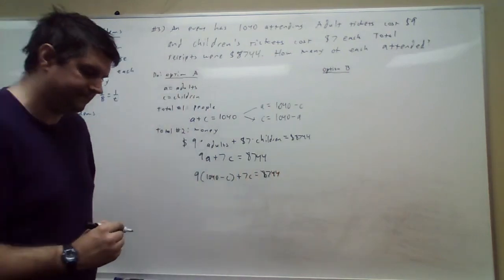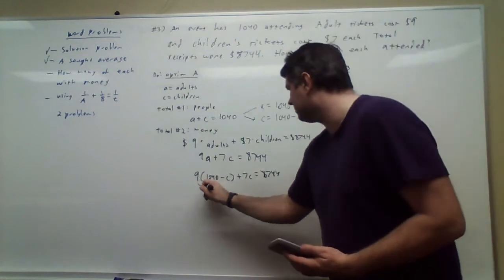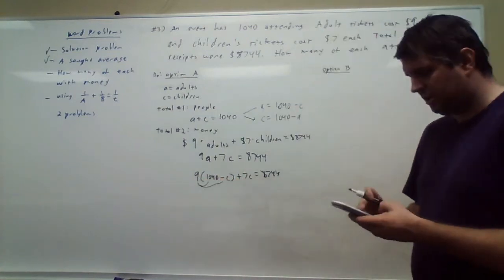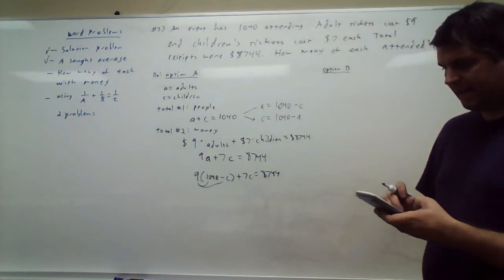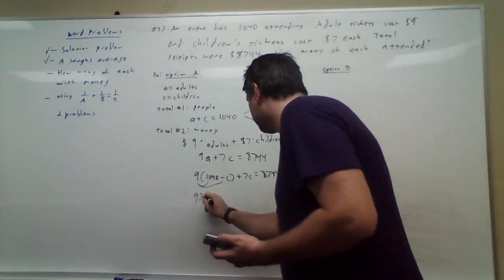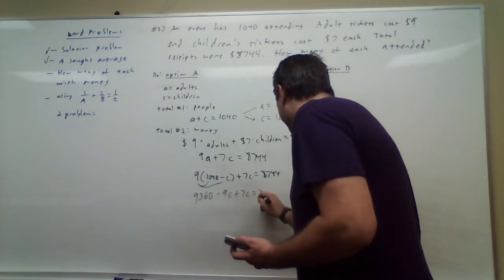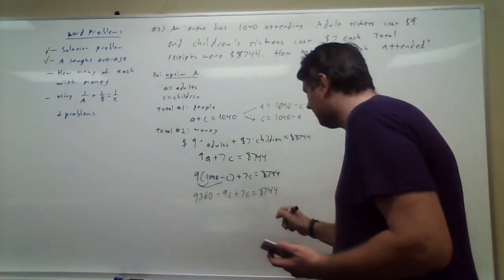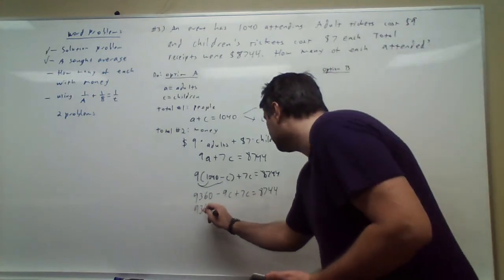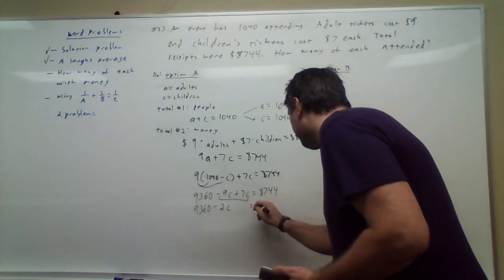Okay? Distribute. 9 times 1,040 is 9,360. Minus 9C plus 7C equals 8744. Okay? And these two combine into minus 2C.